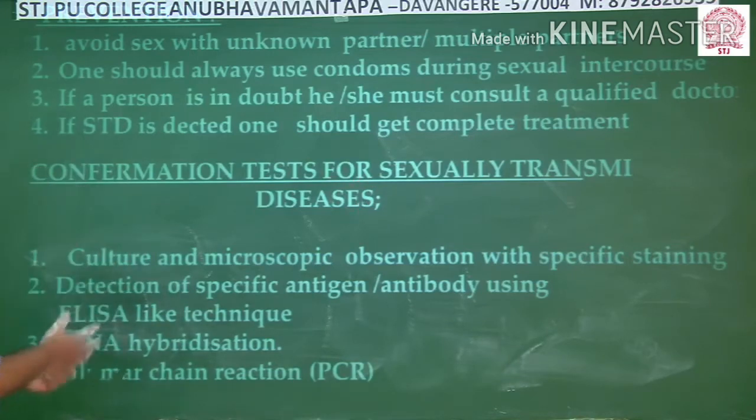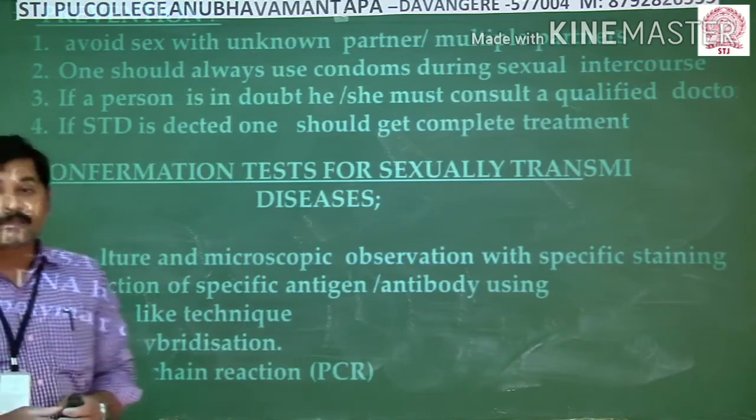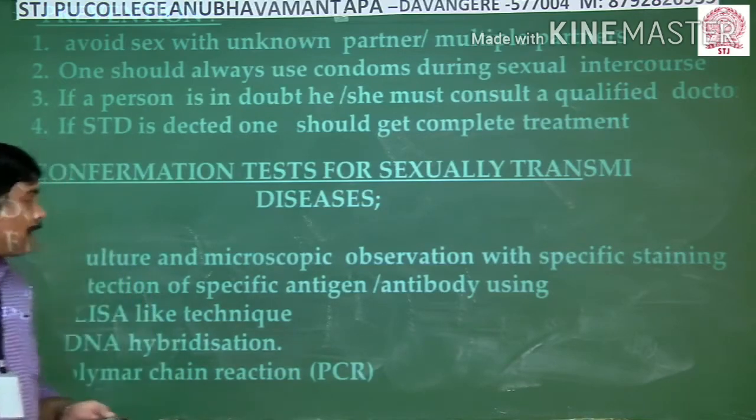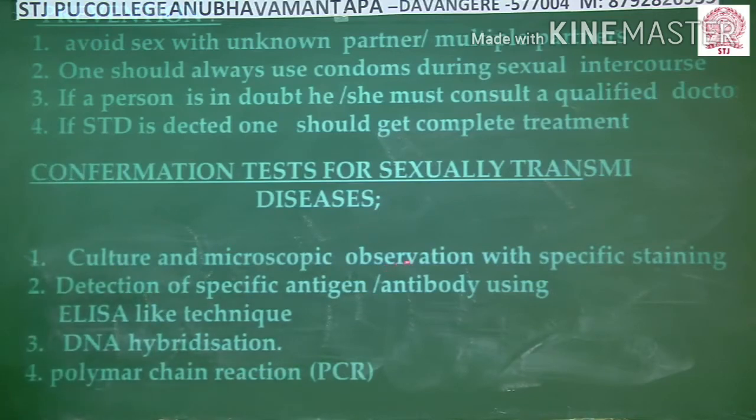As of now, I explained a variety of tests that help to diagnose these sexually transmitted diseases. The confirmation tests available to us are culture and microscopic observation with specific stains, and detection of specific antigens and antibodies by using ELISA, enzyme linked immunosorbent assay.